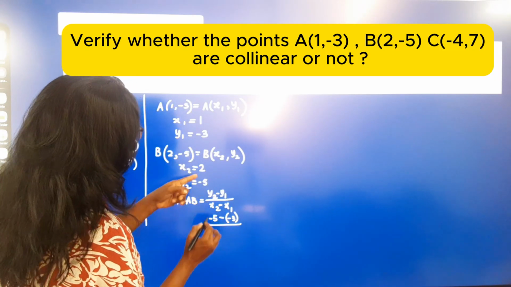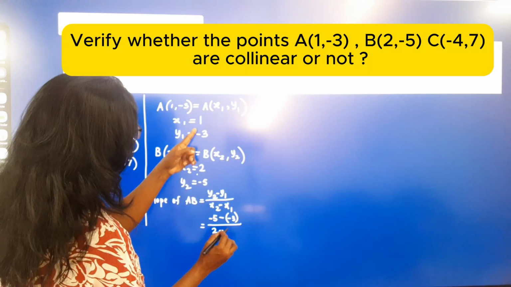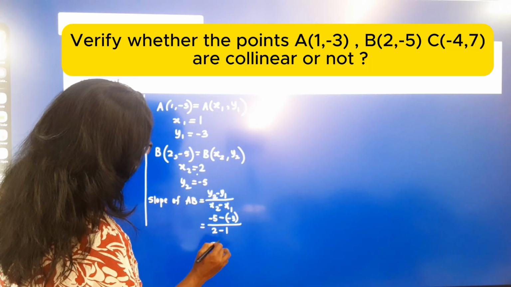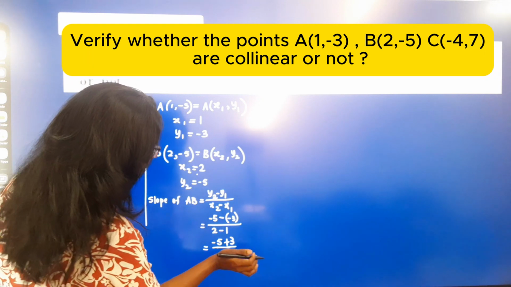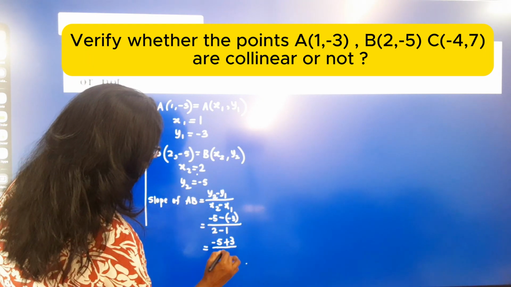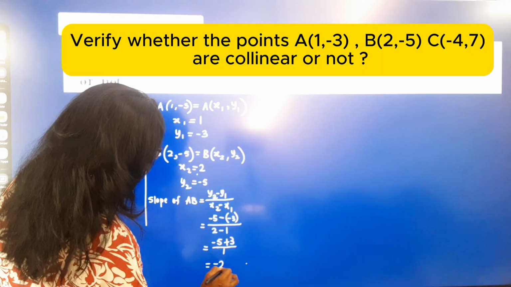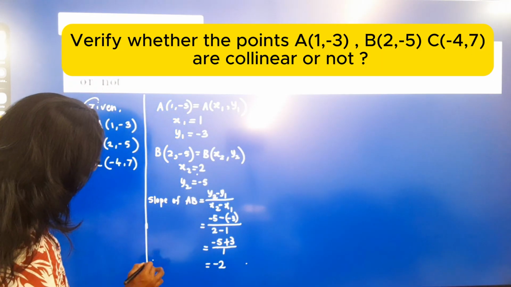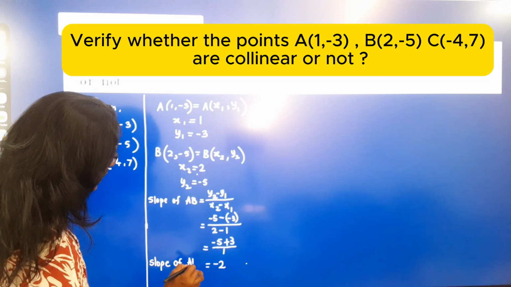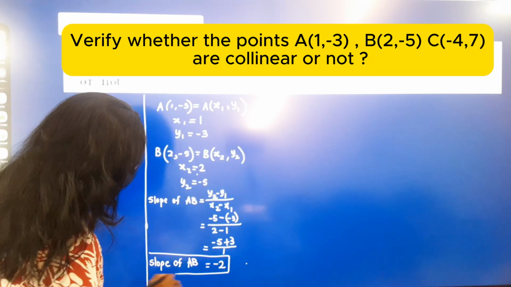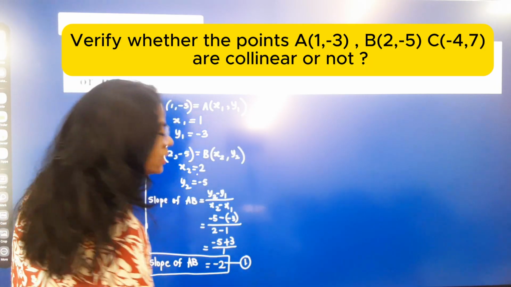Then here x2, 2 minus 1. So here students, -5 plus 3 upon 1. So that means students -2. So here slope of AB is equal to -2. Now call it as first equation.